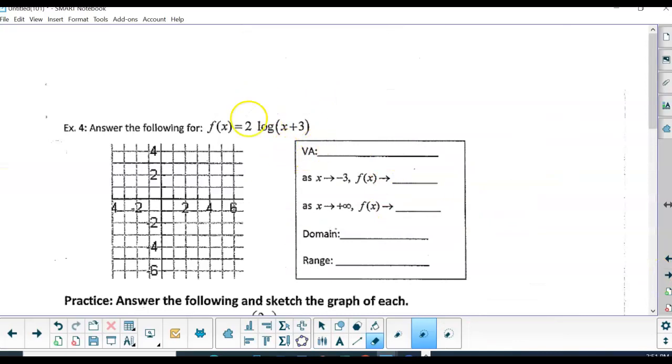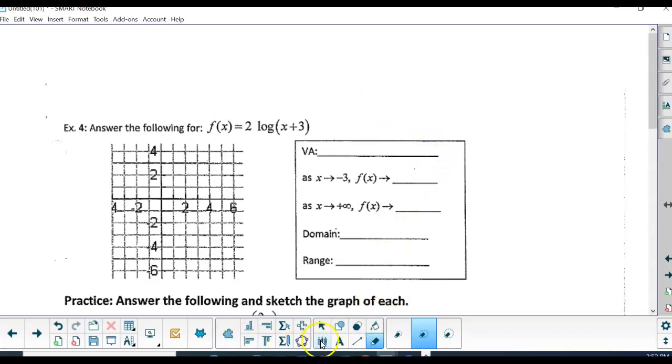But this one, something like this, we can definitely handle because we understand what A, H, K are. If we look at this one, we know A is 2, so I have a stretch of 2, and I have a shift to the left of 3.